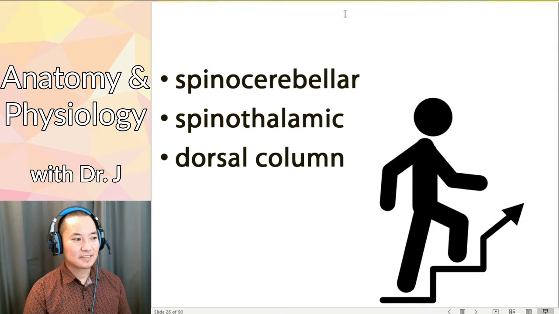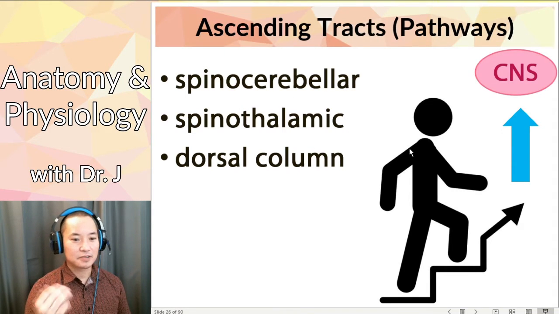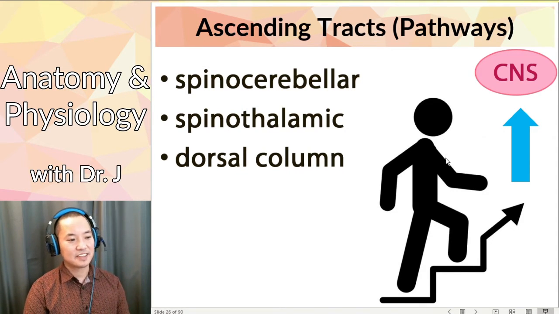Yeah, ascending, right? So this is why we call all of these pathways ascending pathways, because they're going up into the CNS. That's why I showed that previous figure. They're going up into the CNS.